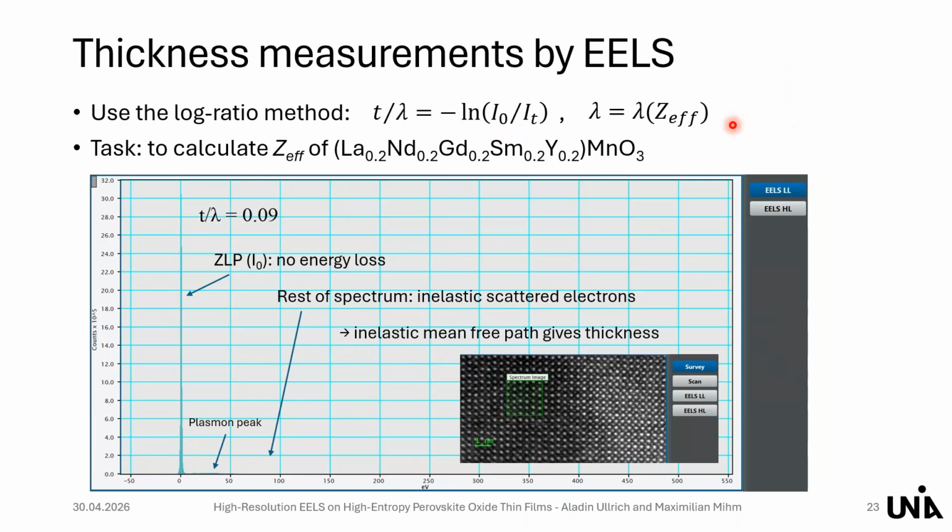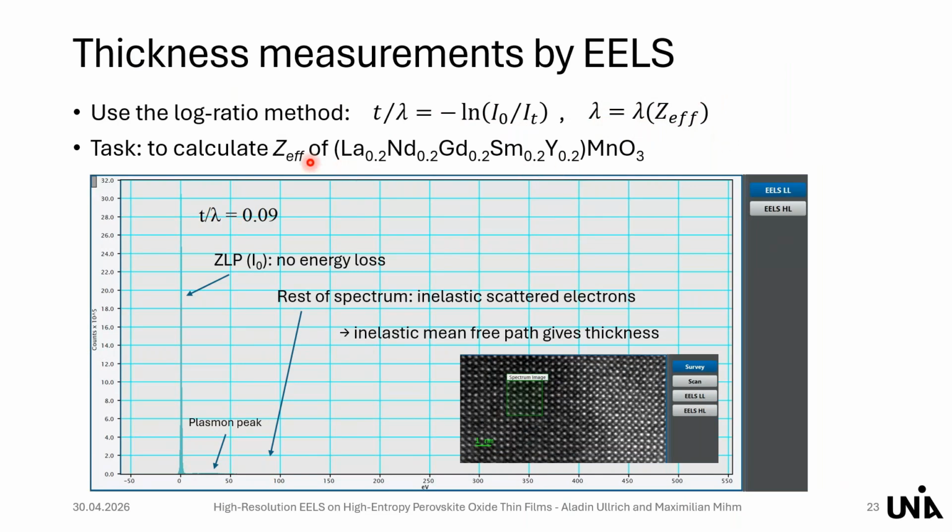You must then also know lambda, the mean free path of inelastic scattering for electrons in your sample. And this basically depends on the effective Z value of your sample, and also, of course, on the electron energy and some more parameters, but the only changing parameter is always the effective Z of your sample.